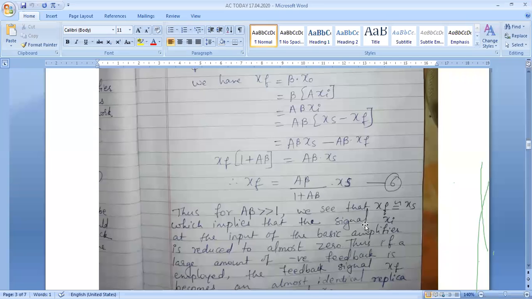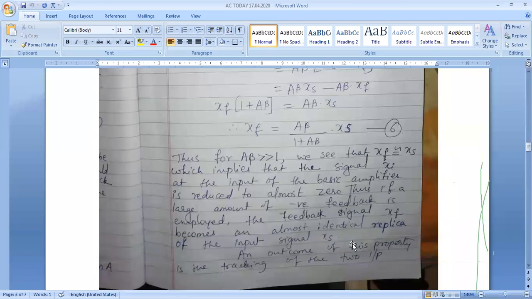Which implies that the signal Xi, which was the difference between XF and XS, will be approaching 0, or it is reduced to 0. Thus, if a large amount of negative feedback is employed, the feedback signal XF becomes an almost identical replica of the input signal. So that is the conclusion.